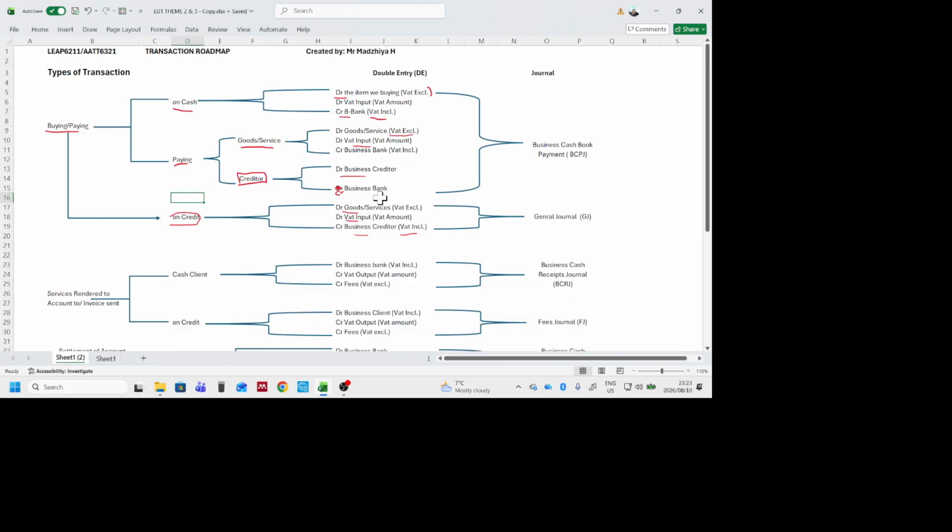Once the business creditor receives this amount, they take a portion of VAT and pay it over to the South African Revenue Service, and then we are able to go and claim that input VAT back. So when we pay creditors, or when an attorney pays their creditors, the two accounts affected are business creditor and business bank, and there won't be any VAT effects within this transaction.